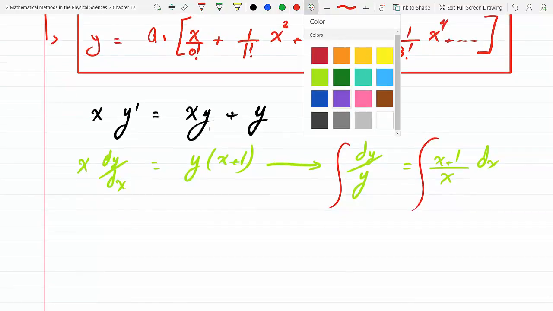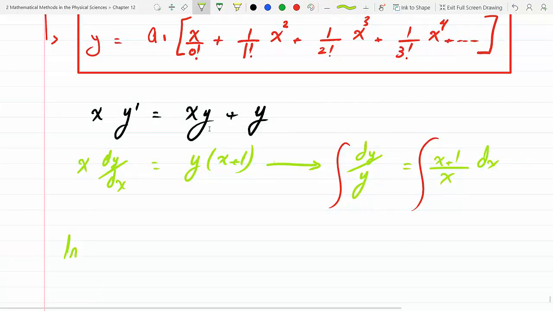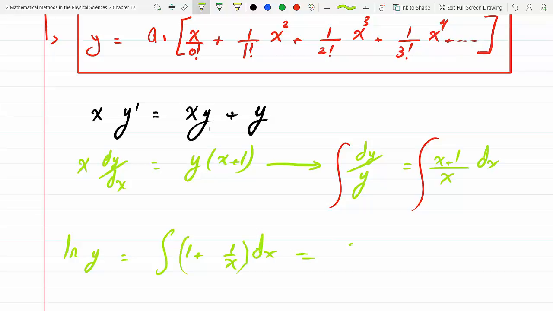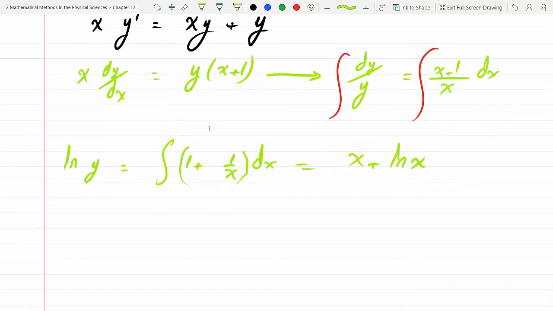So the integral of dy over y is ln y equal, I could split this into 1 plus 1 over x dx, which is x plus ln x. Integral of 1 dx is x, integral of 1 over x dx is ln x plus c.